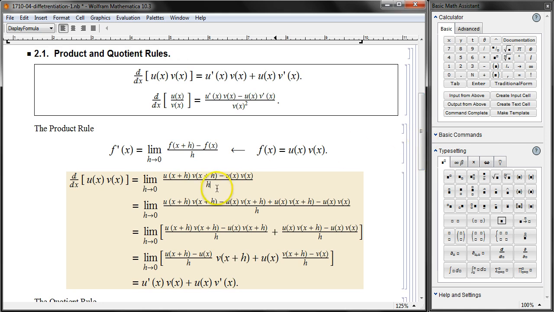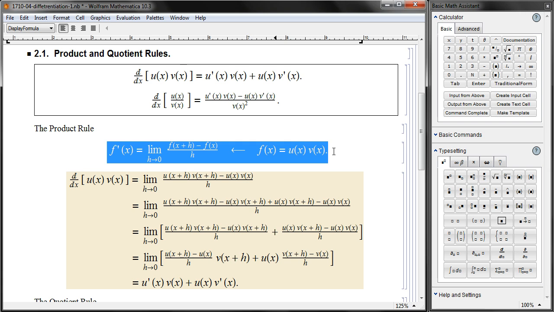Okay, that is the first line here. You see, we have f of x plus h is u of x plus h times v of x plus h, because f is u times v, and then f of x here is u of x times v of x. And here in the left hand side we want the derivative of f, so we want the derivative of the product u times v. Everything fits. So the first line is nothing more than rewriting of this.